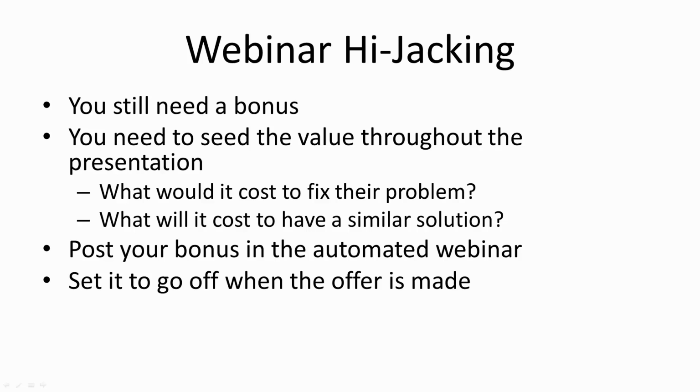And then make sure that bonus is shown to them when the offer is made. So make sure that it is visible to them. If you can use an automated feature so that they can see that bonus, that it's timed so that when the offer comes, they'll actually see the bonus right along with it so that they know they have to act in order to get the bonus in addition to your offer.